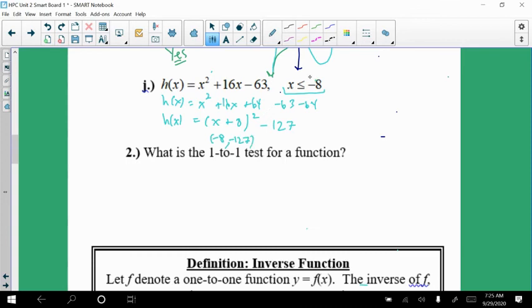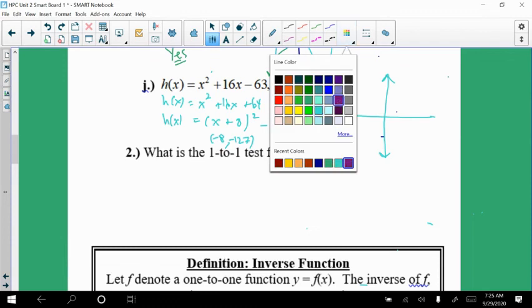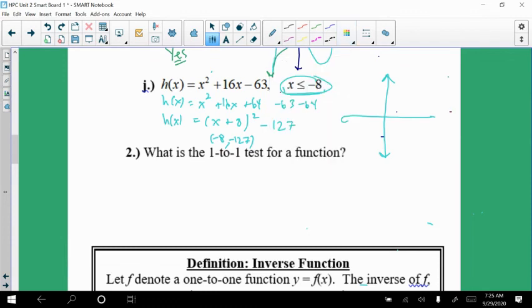And notice that we're restricting x to be less than or equal to negative 8, which is that vertex value. So we are just taking half of the parabola. And it's the left half of the parabola this time because it's less than, but it's okay. So if you go negative 8 and then like negative 127, so obviously not drawn to scale, and you draw your parabola, since I just want less than or equal to negative 8, it's just going to be this much of the parabola, right?